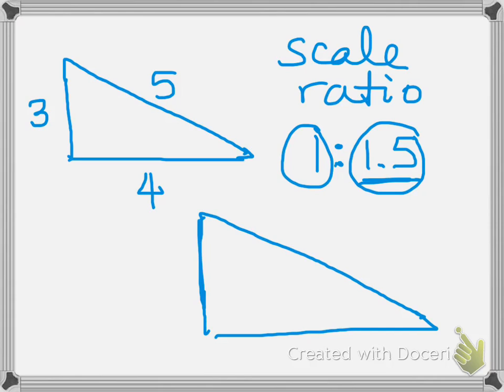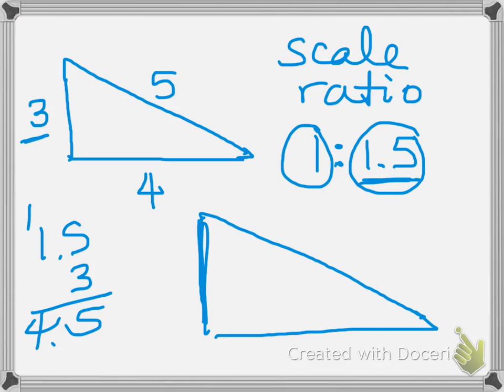So to get this side, I'll have to multiply 3 times 1.5. Alright, so 3 times 1.5 is going to be 4.5. So this side right here will be 4.5.